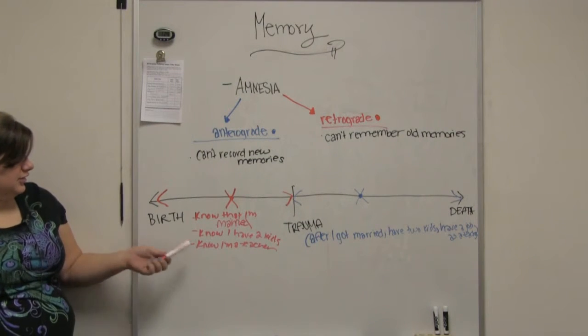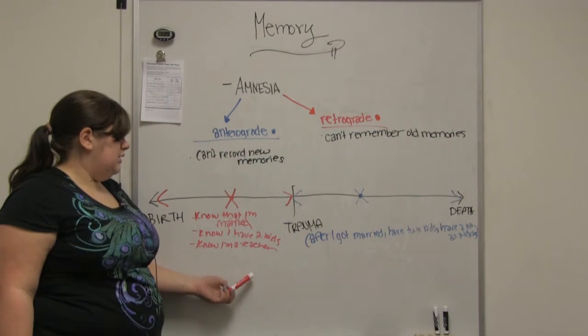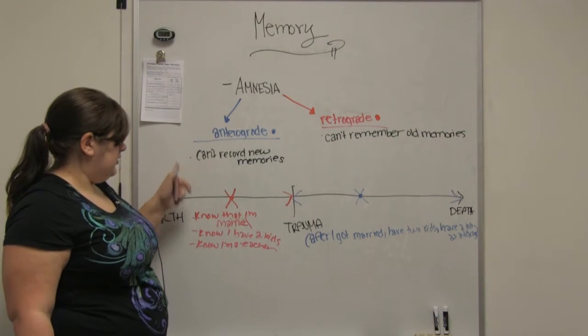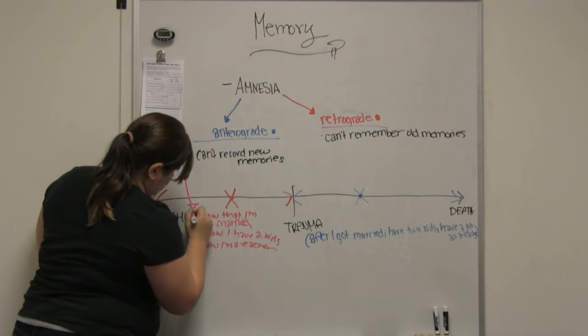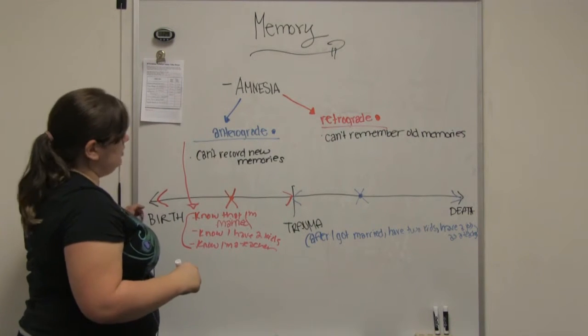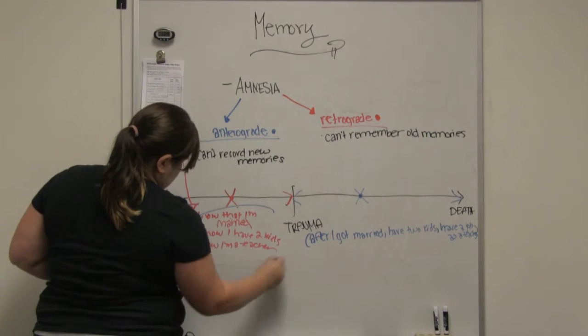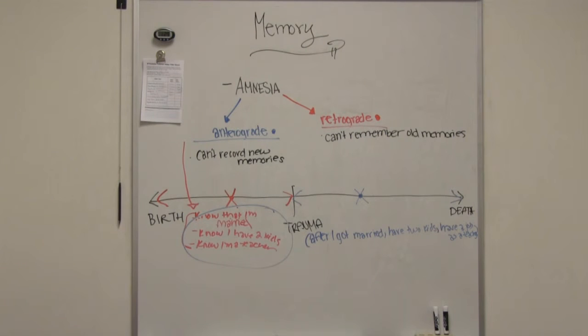Can you think of an example of somebody, maybe a pop culture reference, that has anterograde? I'm just gonna, this is blue, promise. Okay. I probably do, I just can't think of any at the moment.